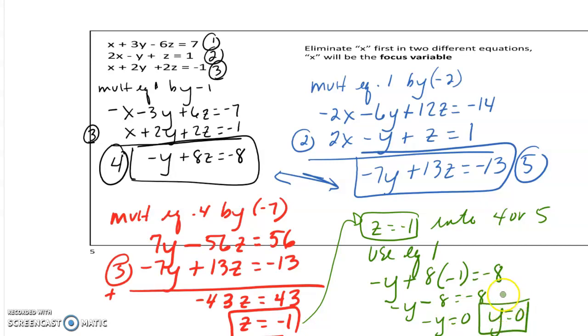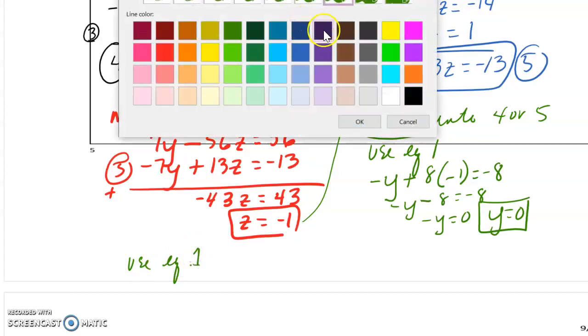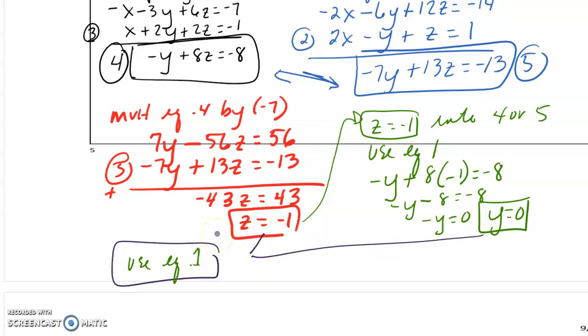So now I have z and y, and now I'm ready to plug back in to the original equations. So now I'm going to use equation 1. That's the only time that you can go back. Let's use a different color here. I'm going to plug z and y into equation 1.